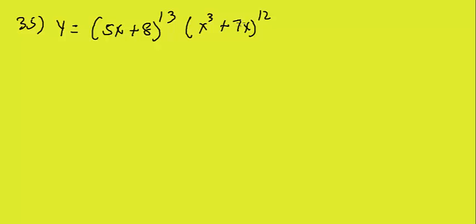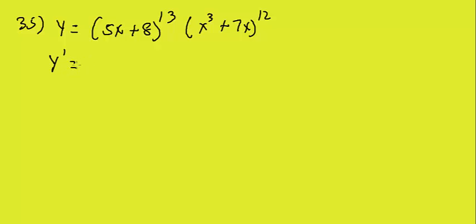Those of you that do not know the product rule and chain rule, you can't do it this way. You can multiply all this out by binomial expansion, Pascal's triangle, multiply all of that out, and then take a derivative of a polynomial. Okay, good luck. Let me know how it works out.